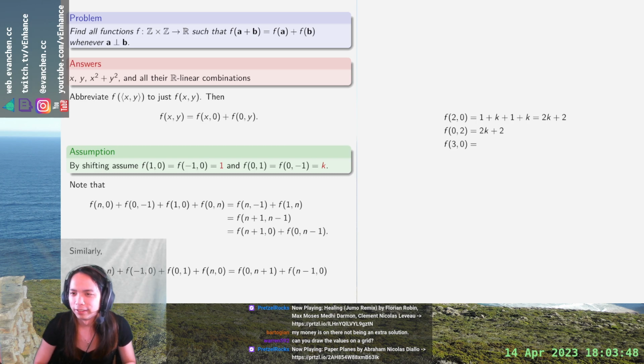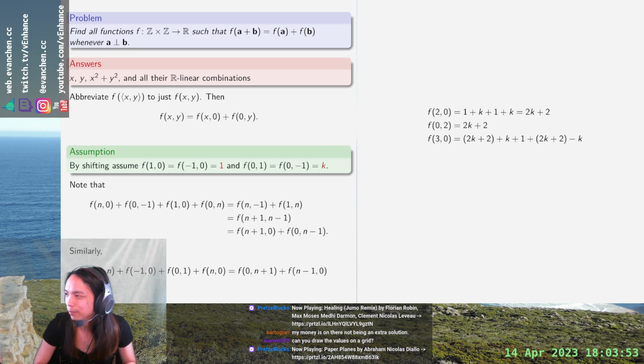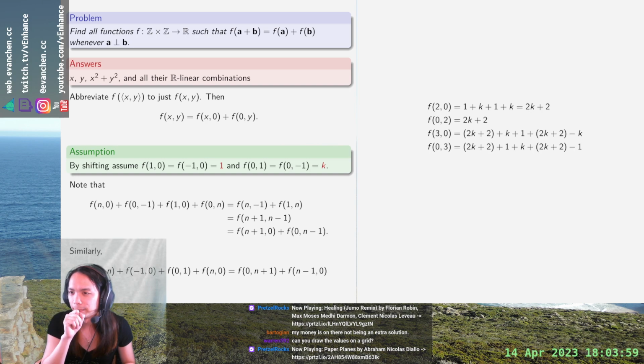Meanwhile, f of 0, 3 is plus 1 plus k plus both the 2's, but the difference is this one is minus 1 and not minus k. Right? I hope. Let's find out. So this is 4k plus 5, and this one's 5k plus 4.